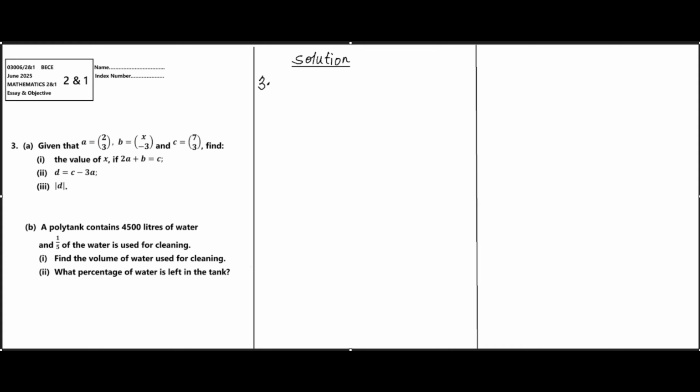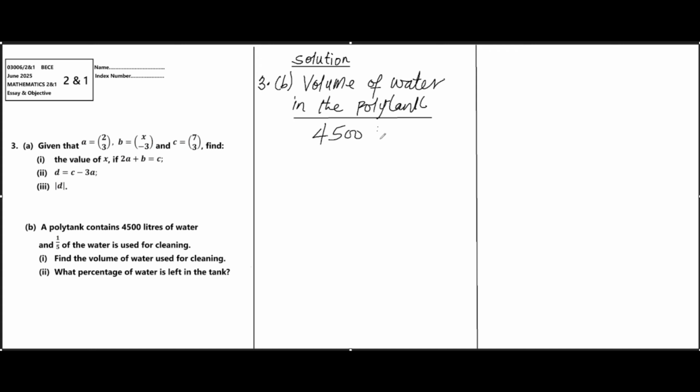Now with the B, a polytank contains 4,500 liters of water. So the volume of water in the polytank, so that is 4,500 liters.